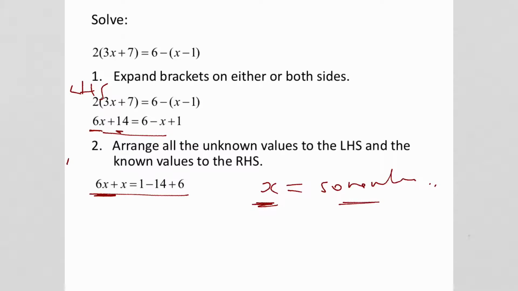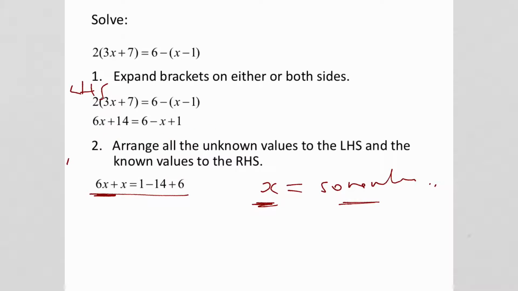To do that, I minus 14 on this side, because what you do on one side, you do to the other. Then I minus 14 on that side. Plus 14 minus 14 gives me 0, and I'm left with 6x. On this side, you're left with negative 14, so we'll just leave that for the moment.